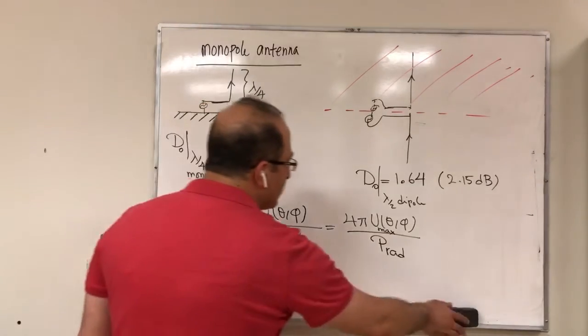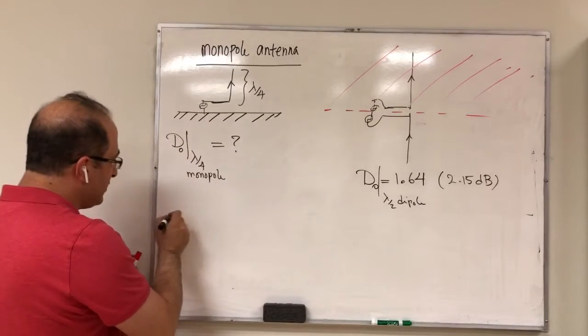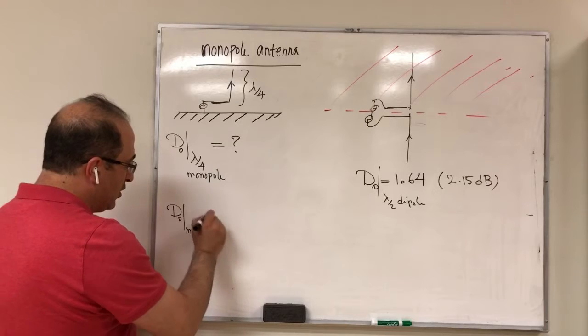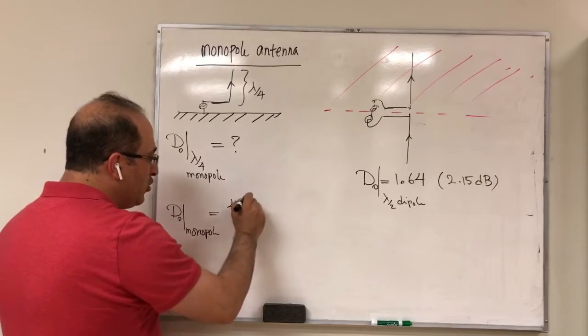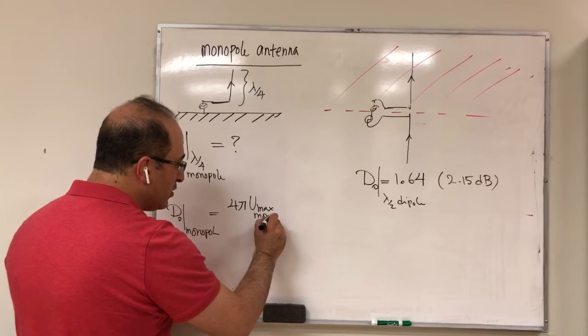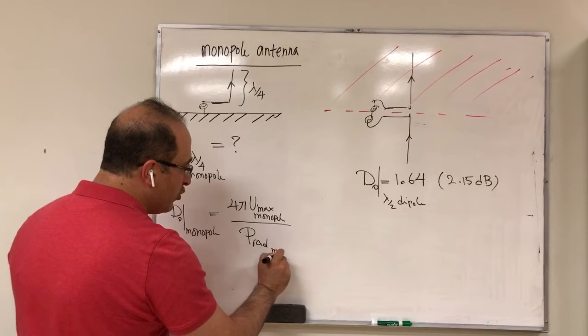To do that, let's write it here: D naught of monopole is equal to 4 pi U max of monopole divided by P rad of monopole.